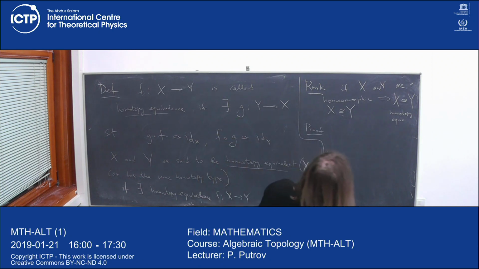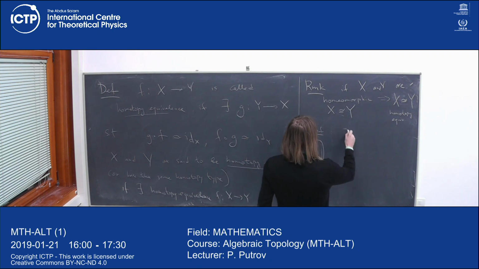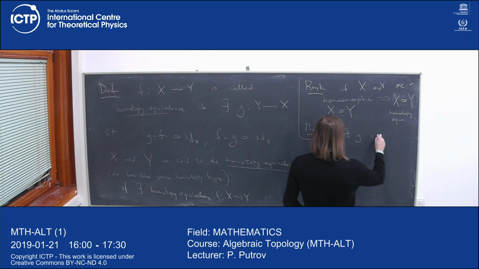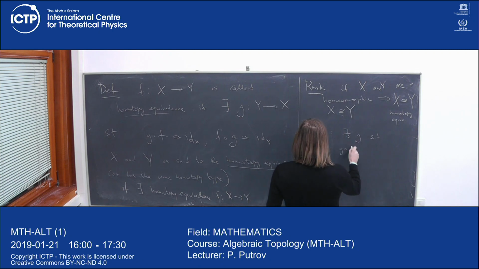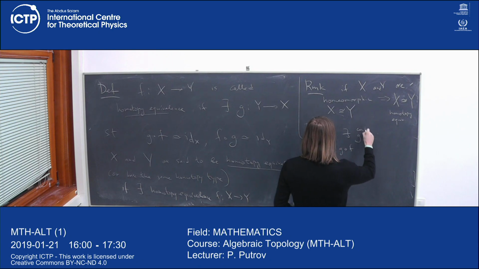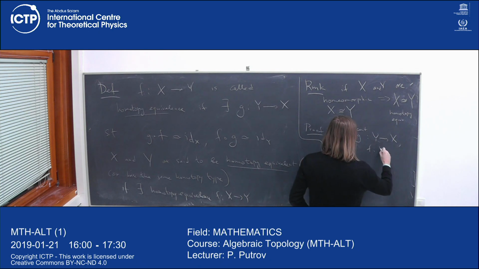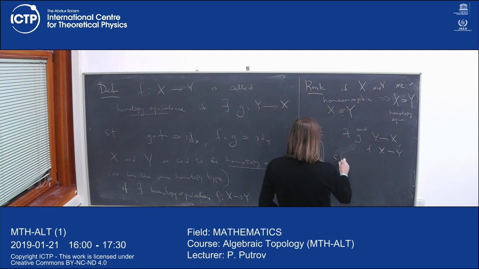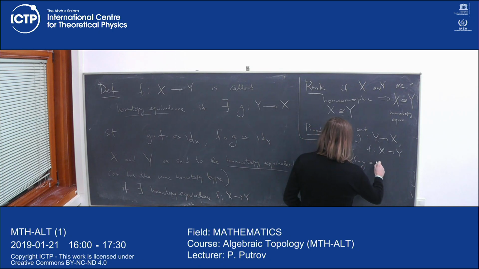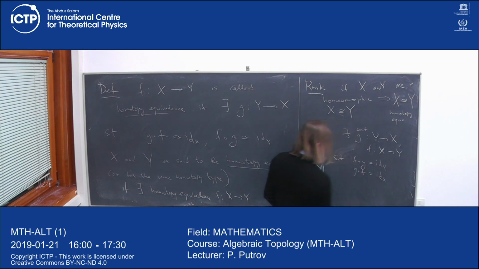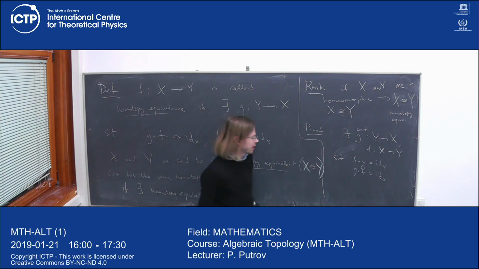If they are homeomorphic, then by definition there exist continuous maps g from Y to X and f from X to Y such that f g is the identity on Y and g f is the identity on X. This is the definition of homeomorphism, right?